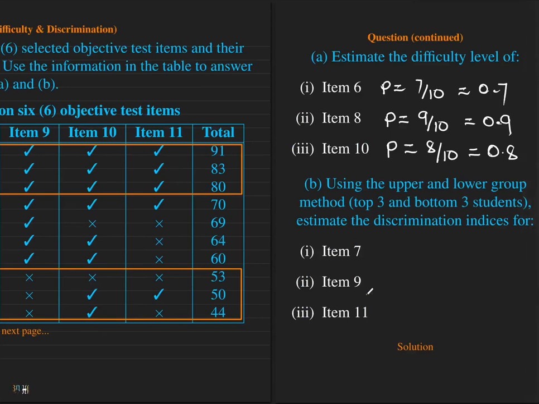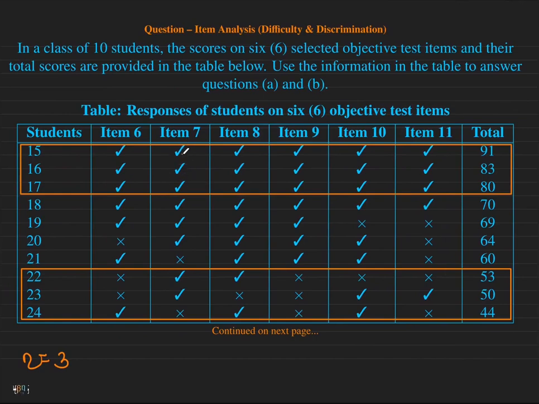Then, looking at our question, we are working on item 7, item 9, and item 11. For item 7, we are going to denote those in the higher group as H, and those in the lower group as L. The total number of individuals in each is going to be a capital N. So for item 7, looking at those in the higher group, all 3 got it correct.